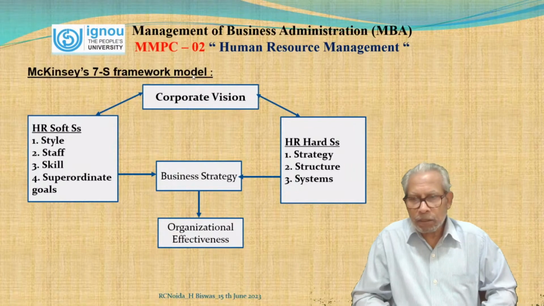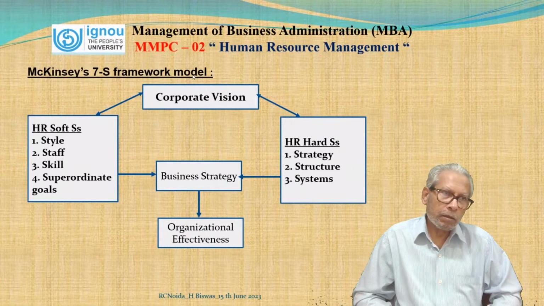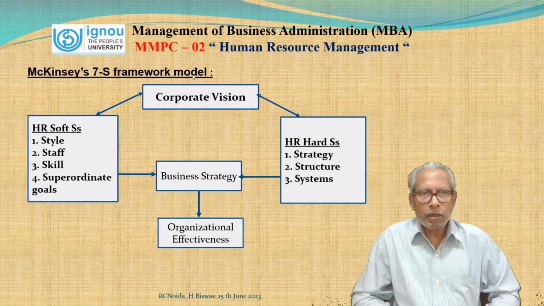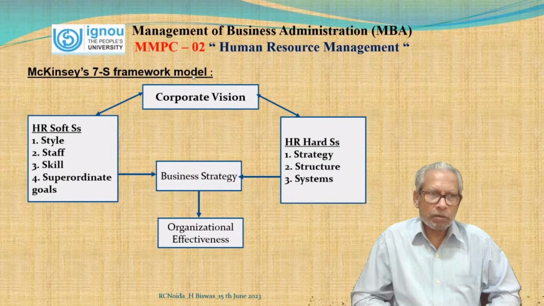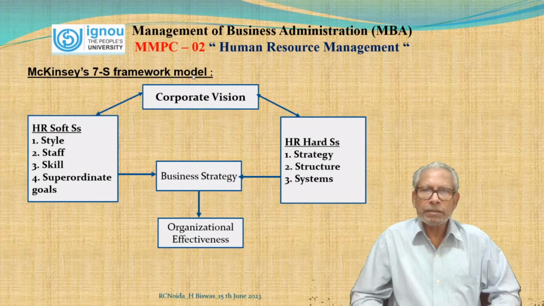Now, some of the basic models. This is your McKinsey 7S framework model. On the left-hand side you see HR. Even in the total 7S framework, it is again divided into two parts: HR soft and HR hard.